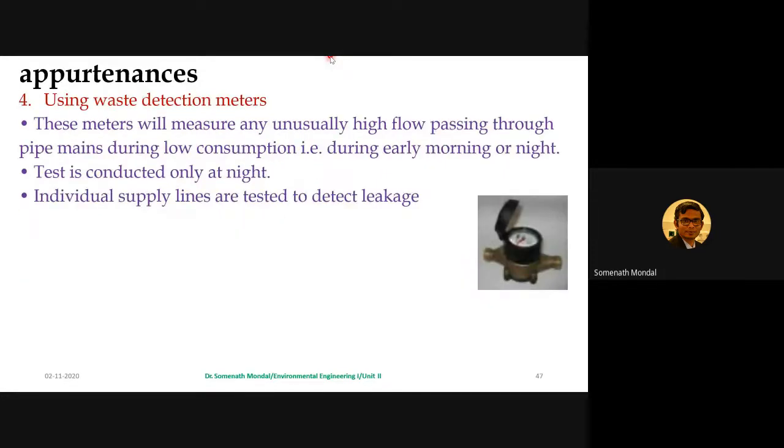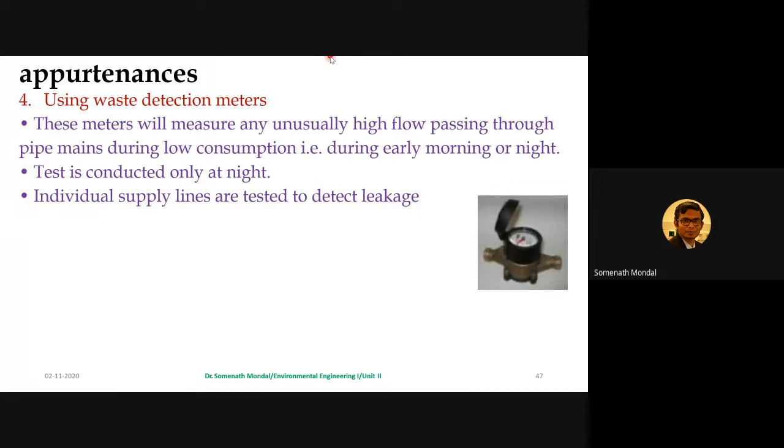Apart from that, we have waste detection meters. This is also a very sophisticated device. These meters measure an unusually high flow passing through the pipe mains during low consumption, like early morning or night.